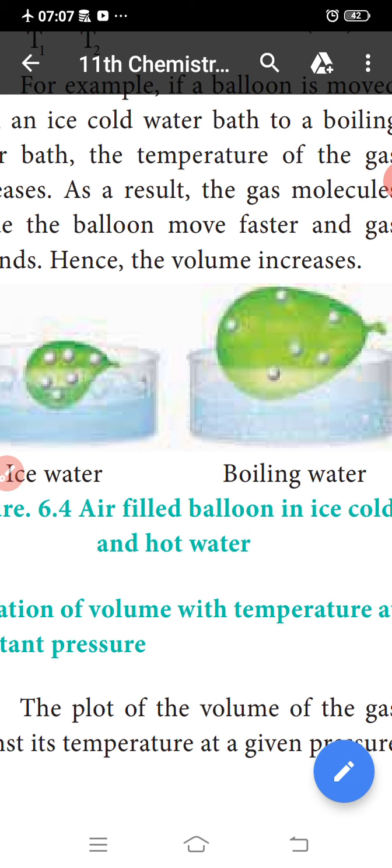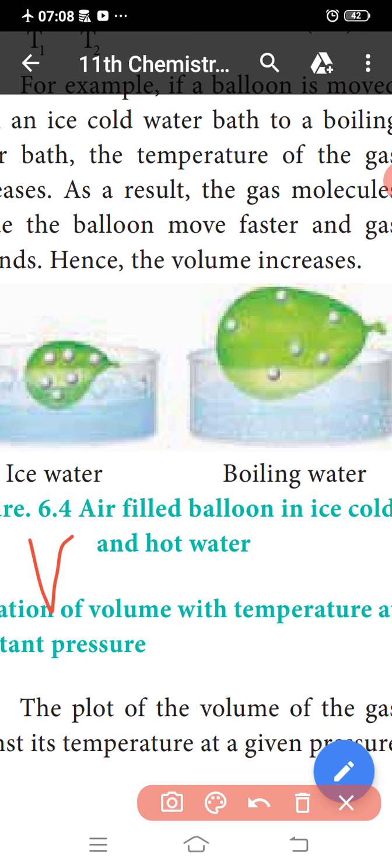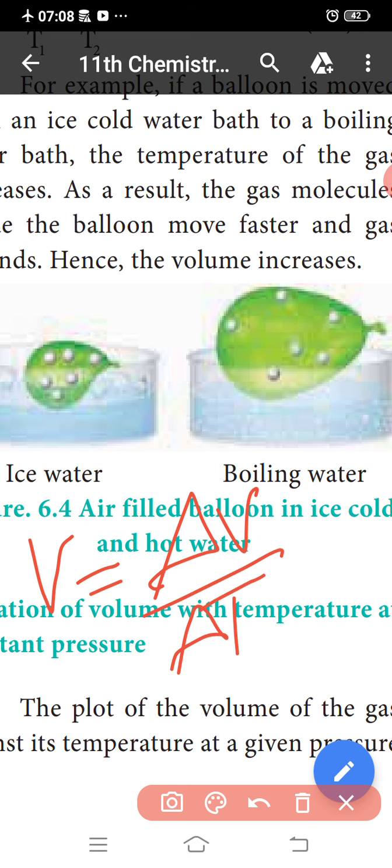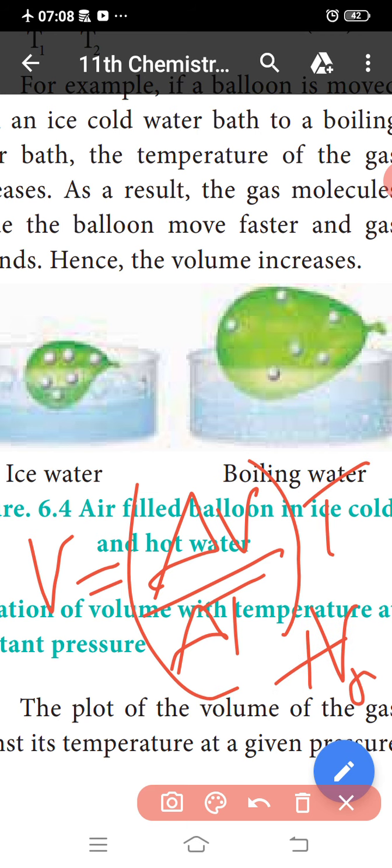So V is equal to del V by del T times T plus V naught, where P is constant. Dividing the equation, V by V naught is equal to 1 by V naught del V by del T times T plus 1.